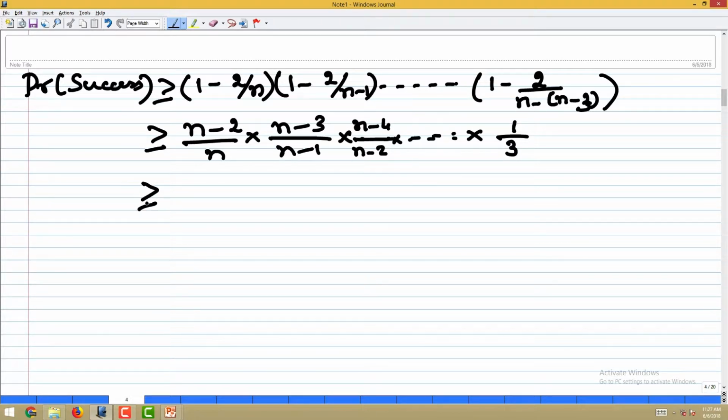What will be the remaining terms after cancelling the factors? 2 by n into n minus 1. You can cancel n minus 2 like this, then n minus 3 here and n minus 3 like this. So, here you will be left with 2 into 1, divided by n into n minus 1, which is greater than 2 by n square.